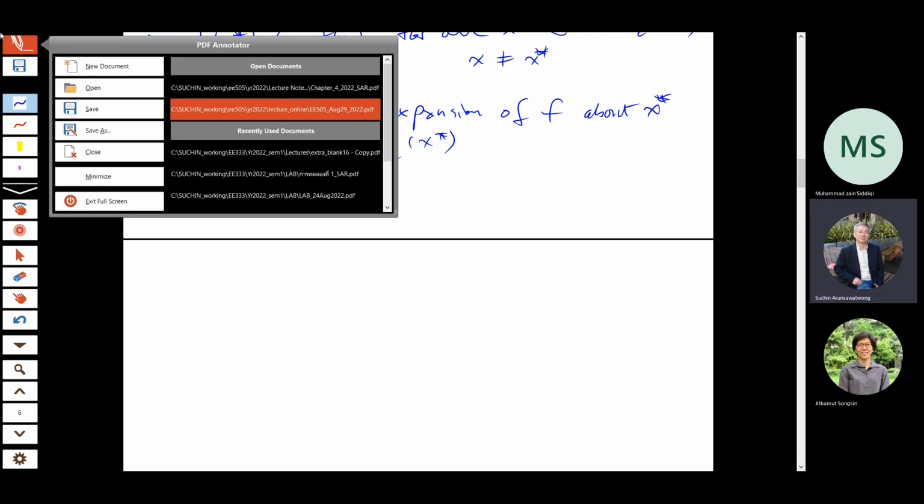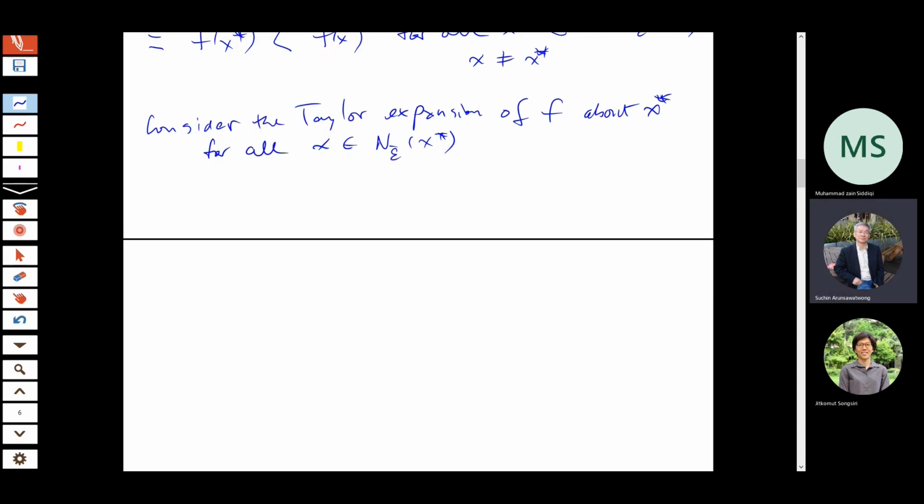So what we do is take f of x star plus lambda p, where p can be any arbitrary vector, as long as lambda is very small.